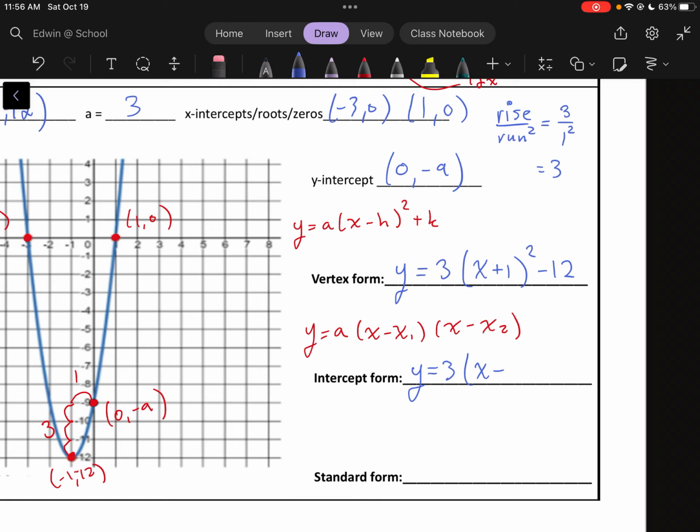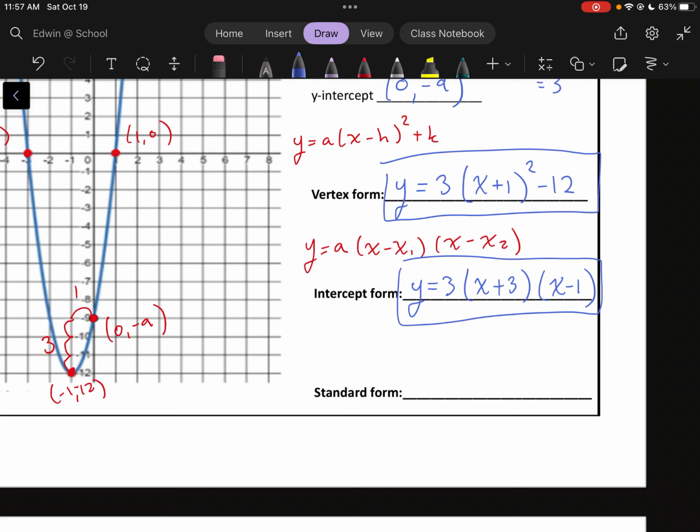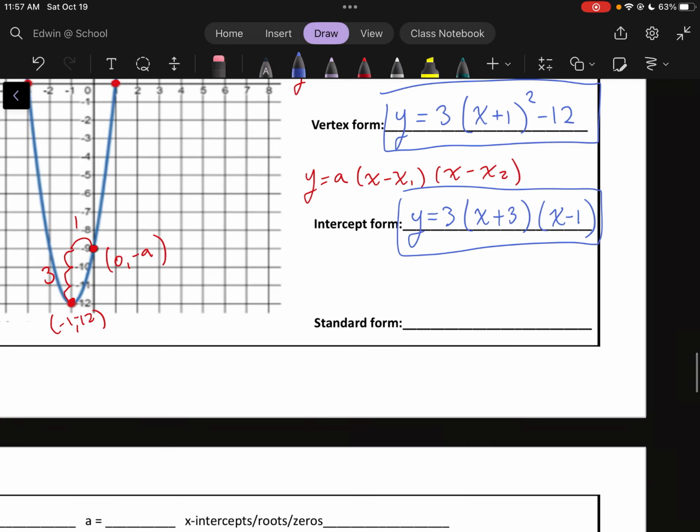So we have minus negative 3, meaning it's x plus 3. And finally, x minus 1. From here, now that we wrote our two forms, we can go ahead and FOIL one of them out. I'm still going to do the intercept form, although both will work. We'll see what answer we get.